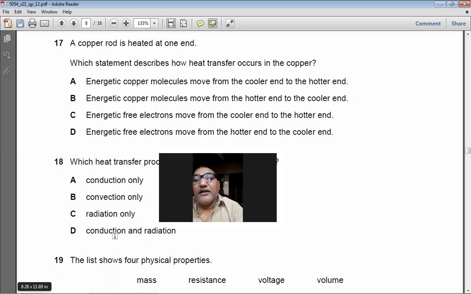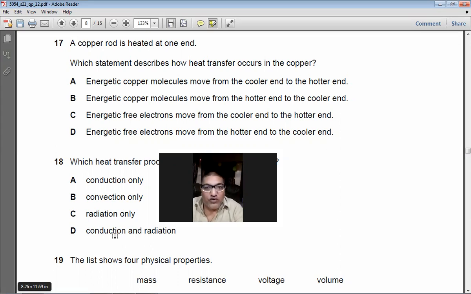And the other important factor which makes the copper a very good conductor of heat is that the copper has free electrons in it. So the free electrons on the hot end absorb the energy and can flow through the copper rod.